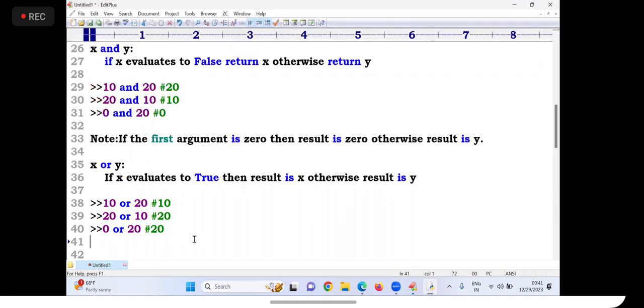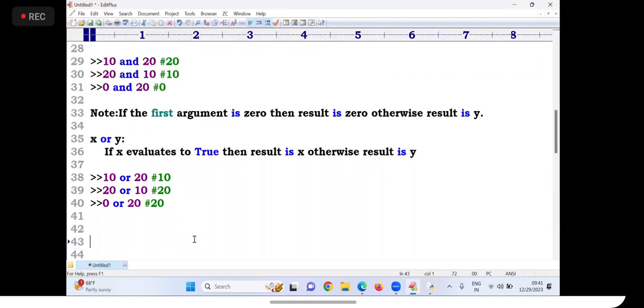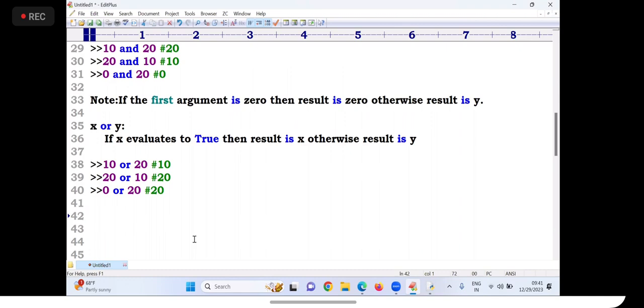Anything. That's why I have not mentioned it here. Is it an integer or a float? I'm just asking whether X is true or false.